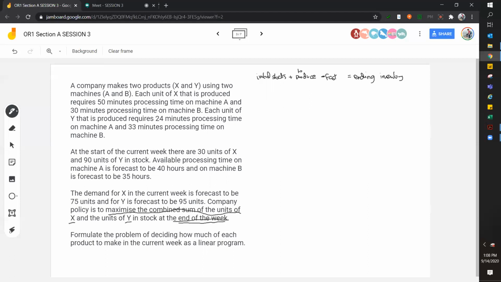Okay, halimbawa ganito. Meron akong 5 pesos ngayon. Tapos nag-earn ako ng halimbawa a certain X. Hindi ko pa alam kung ano yan. And then, yung forecast ko, may demand ako, kailangan ko daw ng 10 piso. Ngayon, gaano karami yung ending inventory ko? Di ba hindi nyo pa alam?